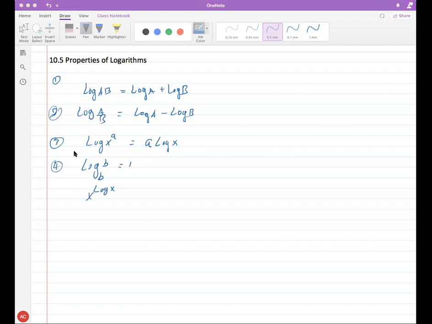That should be equal to, let me just make sure I'm writing the right formula. Just 1 second here, I'm looking for the formula.